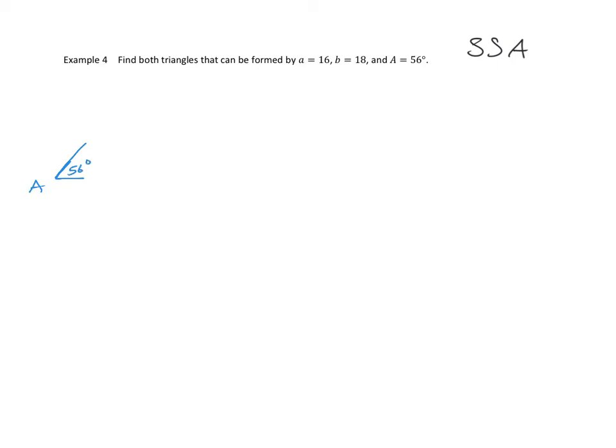This side here is B, which is 18. And then A is 16. One thing to point out here is A is less than B. And this means with the ambiguous case, there's only two possibilities: there are no triangles or there are two.